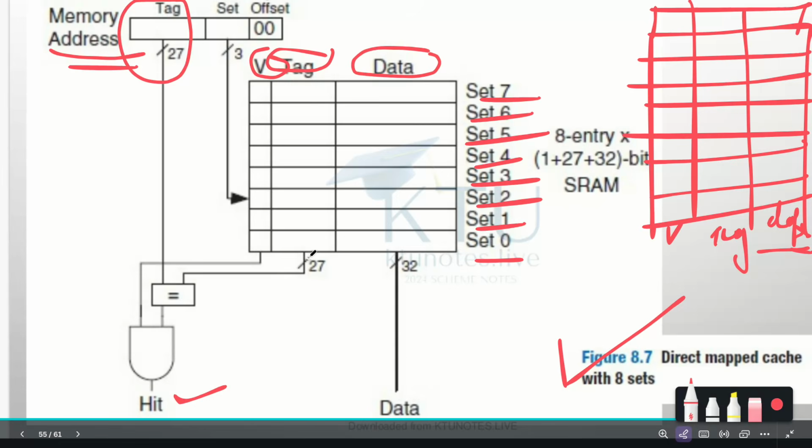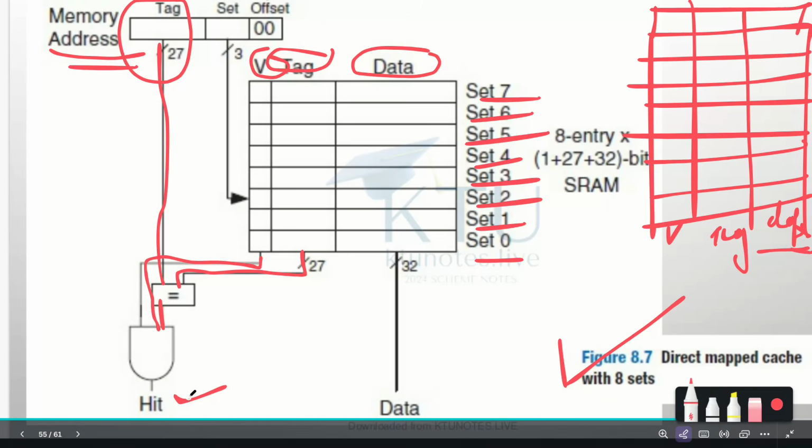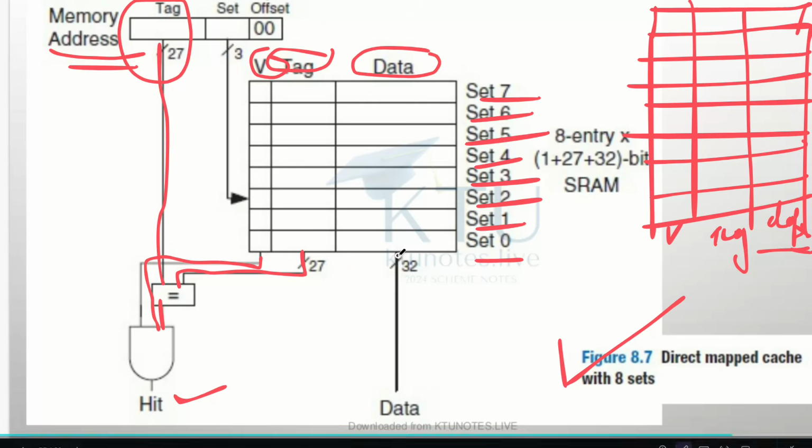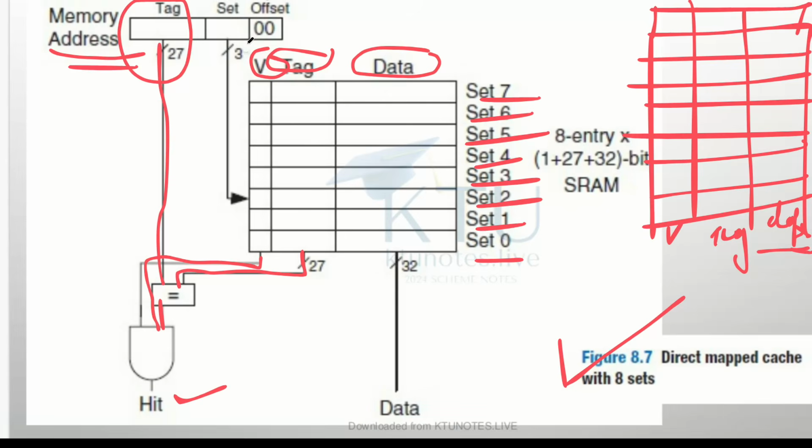For that, we take the tag part from the cache and the tag part from the memory and see whether they are equal. Also the valid bit, if there is data in that, their AND would decide whether we got a hit or not. And this part represents just the data, the 32-bit data. Now what would the tag be? If the set is 3 bits and the offset is 2 bits, the tag would be 27 bits. That is why the tag part is 27 bits.